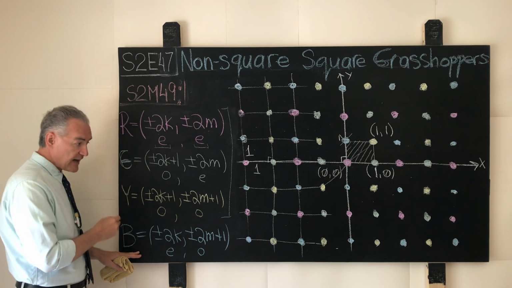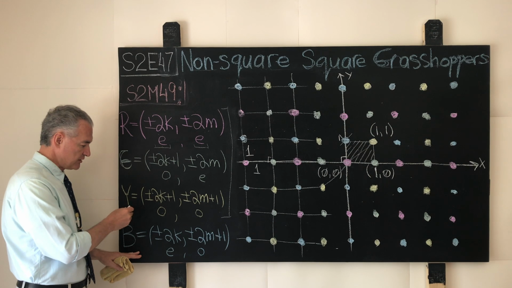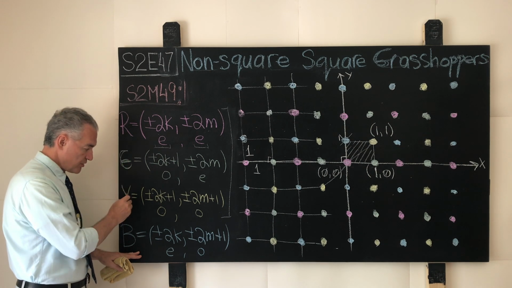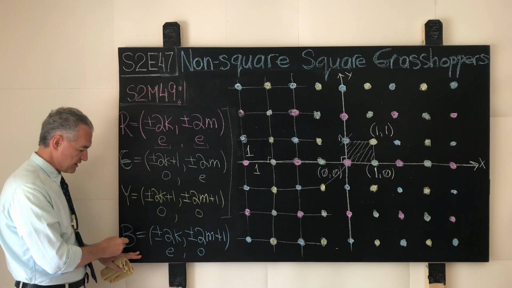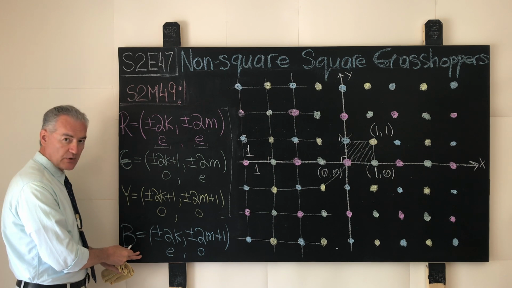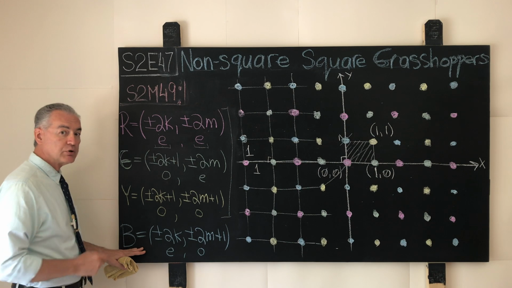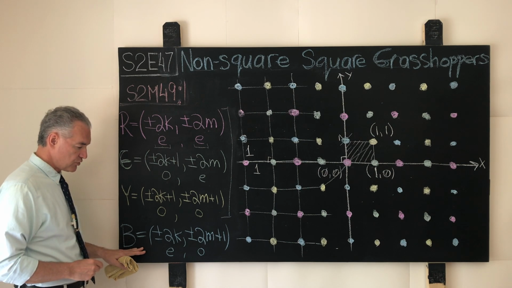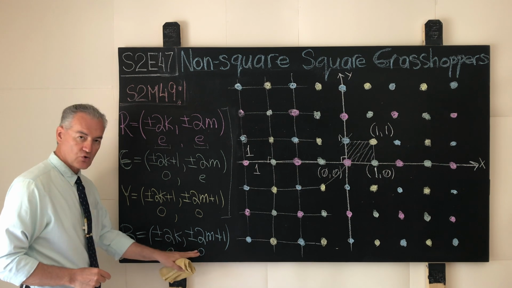But because of that, not only in no finite amount of legal jumps or in no finite amount of time, our 3 grasshoppers can find themselves at 3 distinct vertices of a 2 by 2 square, but also that means that these grasshoppers, no matter how they jump around, can never find themselves at a blue vertex or at a vertex whose parity of the components is shown over here.